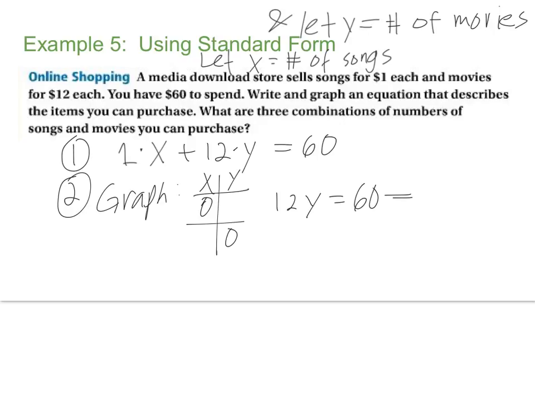If I divide 12 on both sides of the equation, I get y equals 5, because 5 times 12 is 60, and 60 divided by 12 is 5. So there we are with the ordered pair 0, 5. If, on the other hand, I let y equal 0, 0 times 12 is 0, and I'm just left with x equals 60.